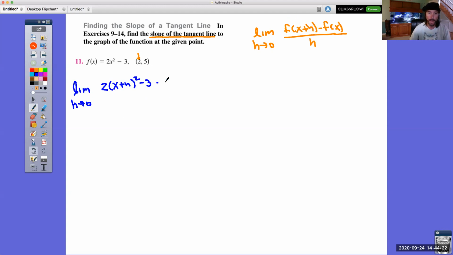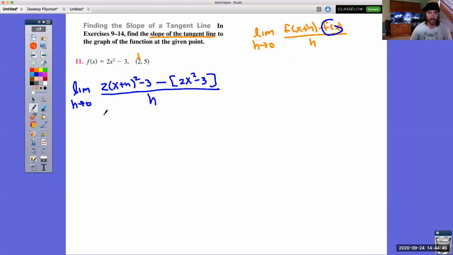Now, minus, I'm going to use a bracket because now it says subtract f of x. That's the function, 2x squared minus 3. I want to use brackets so that I don't forget I'm subtracting 2 items because there's 2 parts to that function. All of that over h.